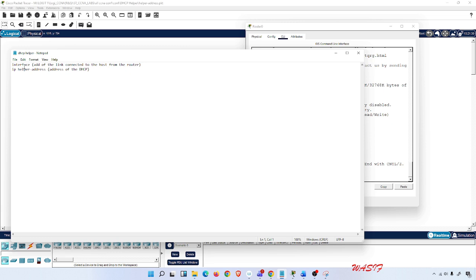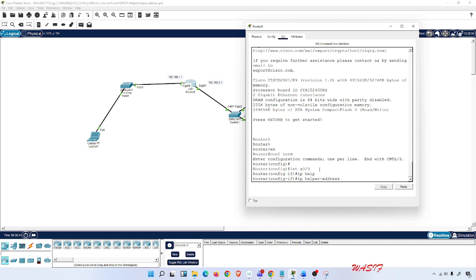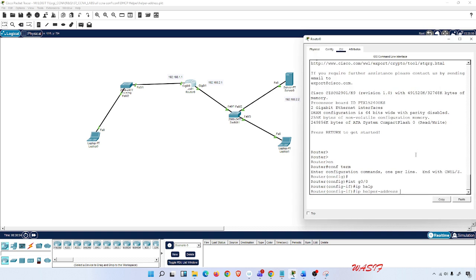You find the interface, and after that you enter ip helper-address followed by the IP address of the DHCP server. The relay agent should be sending to the DHCP server. What's the IP address of the DHCP server?